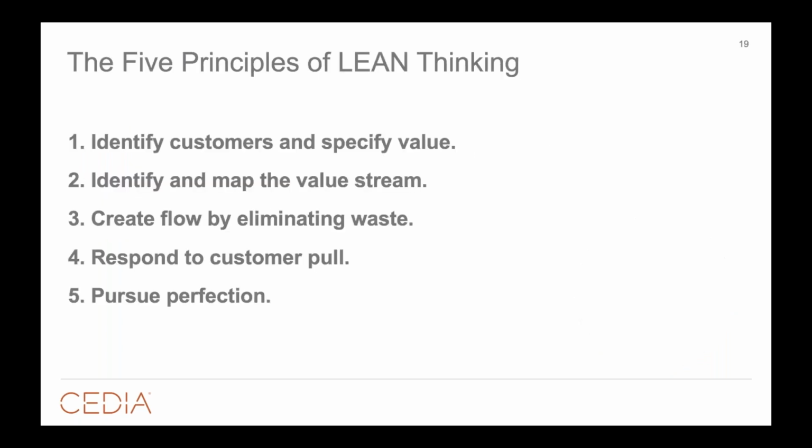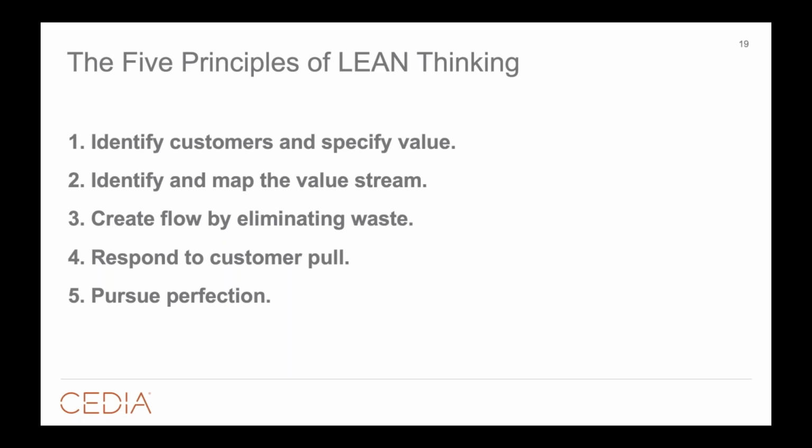So 5 principles, right? Let's sum this up. We want to identify our customers and really understand what they consider of value. We want to map this process and this value stream out. Okay? Make sure we understand that. Make sure we quantify that. And then we want to start to look at the process and identify where the waste is.